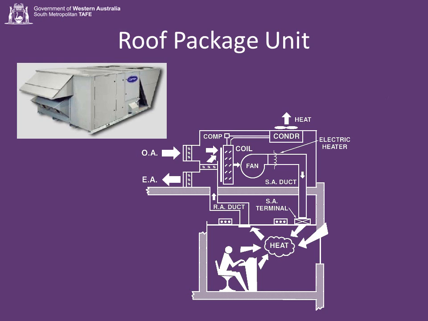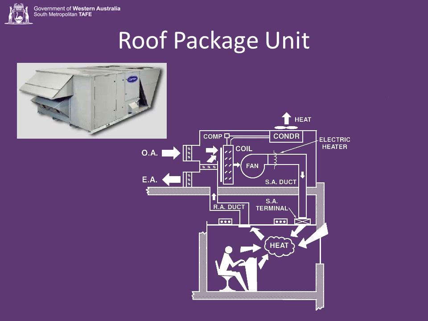One way of doing this is by having what we call a package unit. This is a small aircon, and instead of having chilled water or heated water, it's a refrigerative system where the refrigerative coil or the evaporator is actually within the air conditioning system.